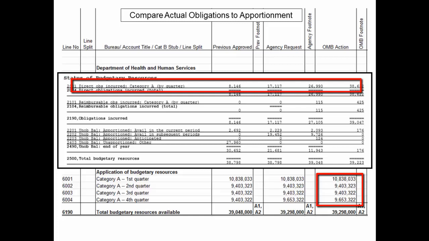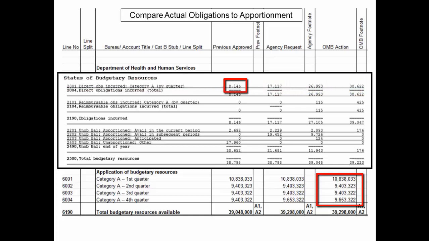We can see that the first quarter obligations, $8.1 million, do not exceed the first quarter apportioned amount of $10.8 million. The cumulative obligation of $17.1 million does not exceed the sum of the amount apportioned for the first and second quarters, $20.2 million.